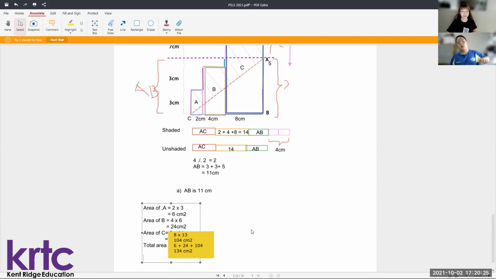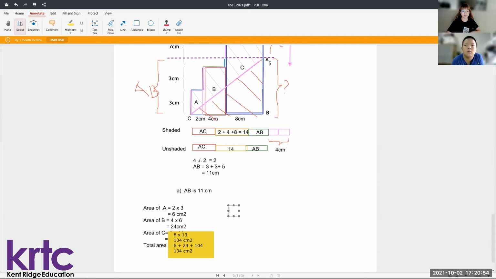Then after this, we will see a triangle here as well, falling in between. So we're going to find the area of this. Let's do it this way. There will be a triangle here, this part here.